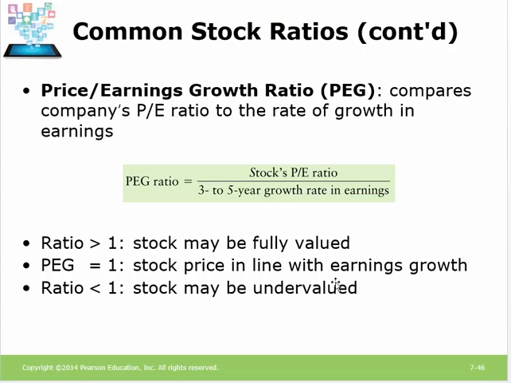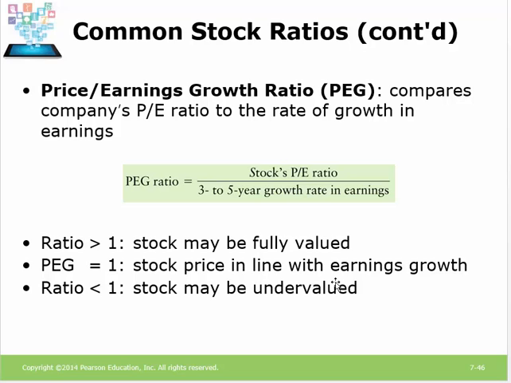Another ratio to look at is something called the PEG ratio. The PEG ratio takes the stock's PE ratio and divides it by its 3 or 5 year growth rate in earnings. So what does this mean? If the PEG ratio equals 1, the stock price is in line with earnings growth. That means it is growing normally. It's an average kind of stock. If it's greater than 1, then this stock may be fully valued.